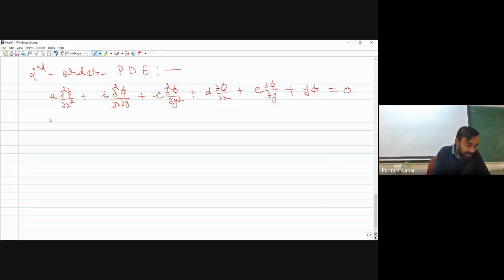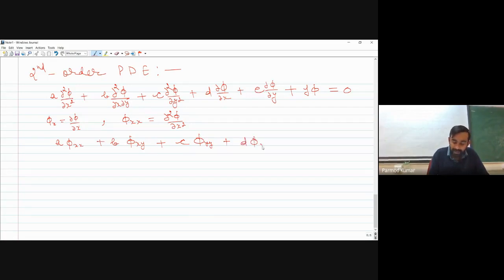If I use the notation phi x equal to del phi by del x and phi xx equal to del square phi by del x square, I can write this equation concisely as A times phi xx plus B times phi xy plus C times phi yy plus D times phi x plus E times phi y plus F phi equal to 0.